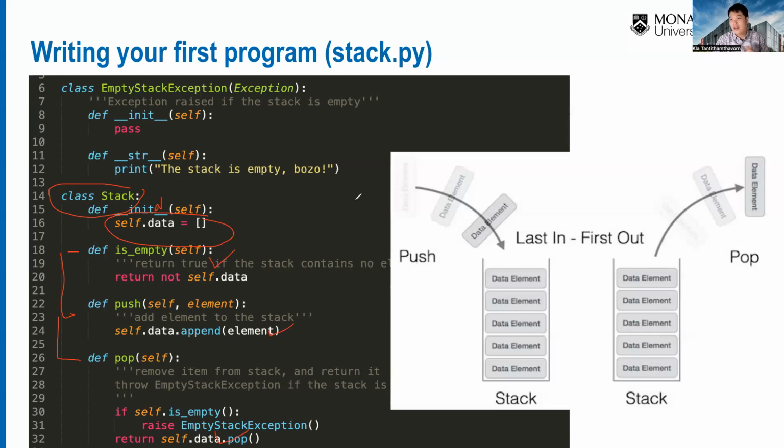Then the next question is how can we test it? When we write test cases, we go back to the basic principles: we want to test every possible scenario, to get 100% coverage as well.